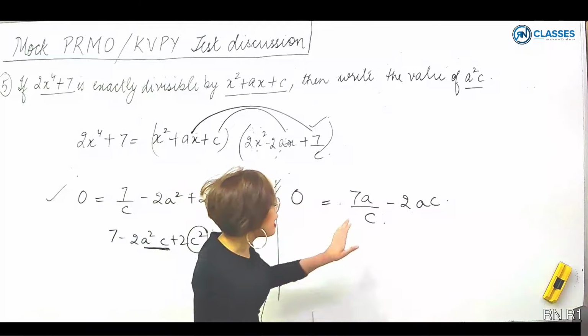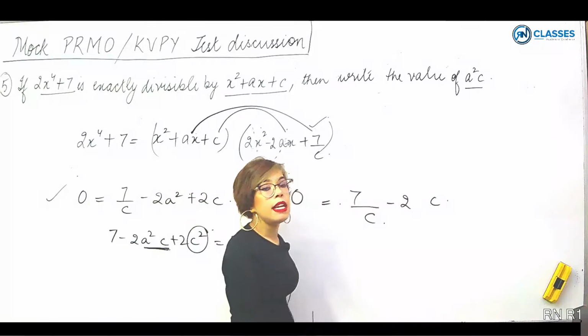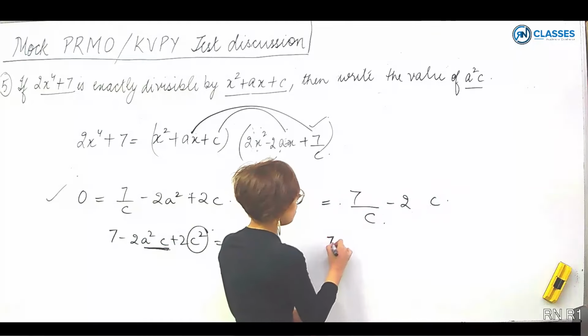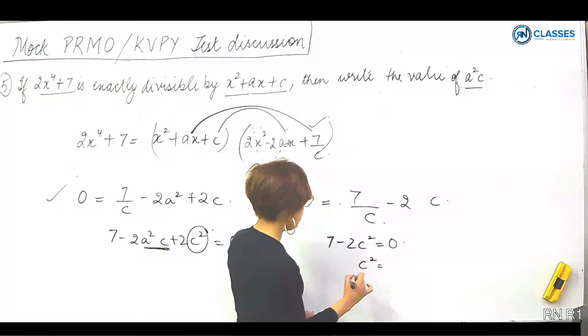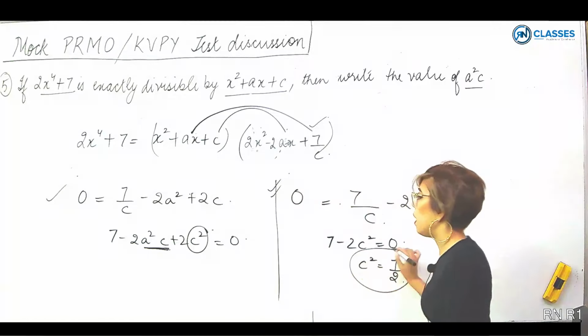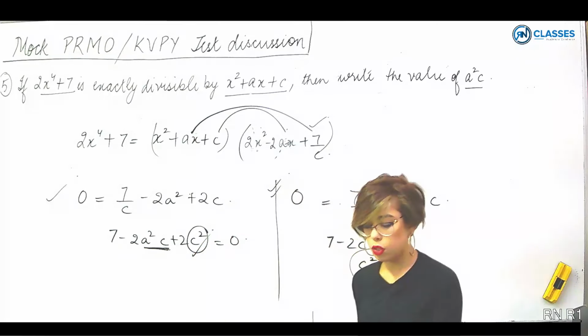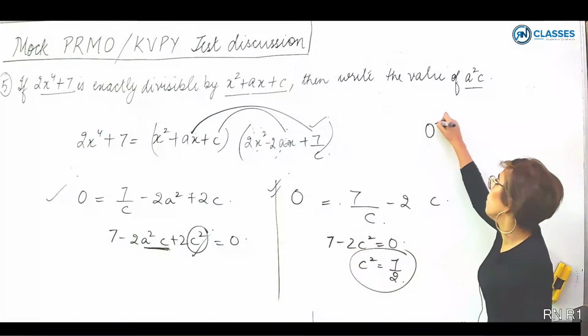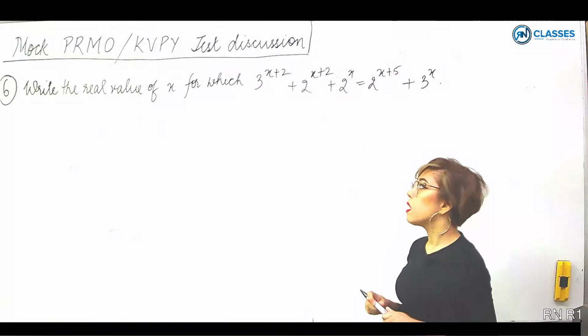Since a is a non-zero quantity, I can cancel it. That means from here I can get 7 minus 2c square is equal to 0. Basically, I'll get the value of c square, which turns out to be 7 by 2. Substitute this value of c square here and you'll get the answer. And the answer turns out to be 0, 7.